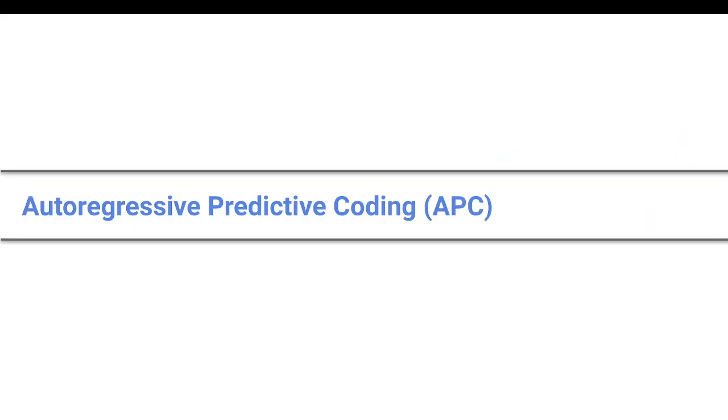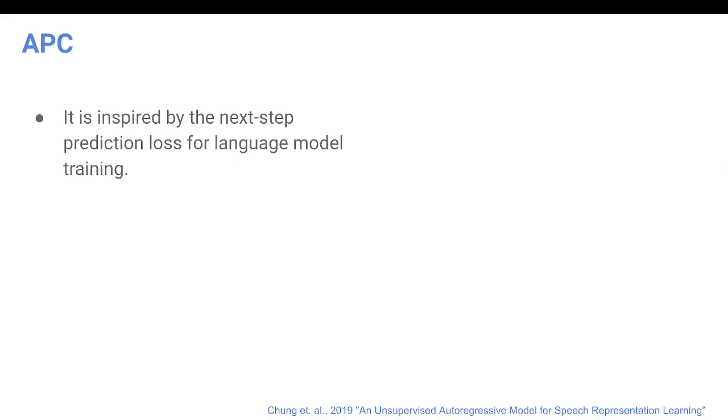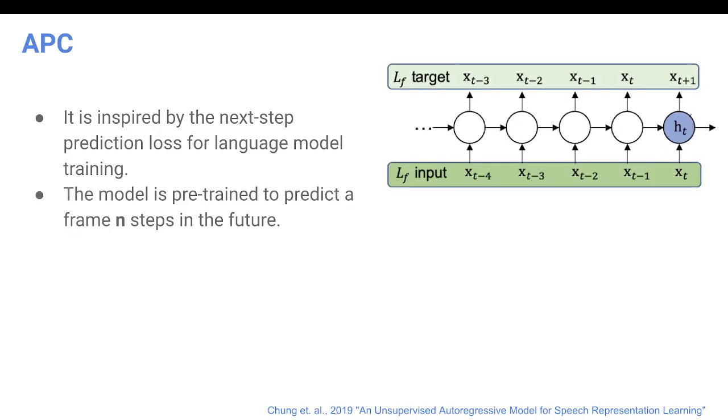So this is one generative approach. The second one is autoregressive predictive coding, which also influenced a lot of subsequent approaches. It is inspired by the next step prediction loss for language model training. Speech is sequential in nature, so if you have input at time step t, you can predict t plus 1.